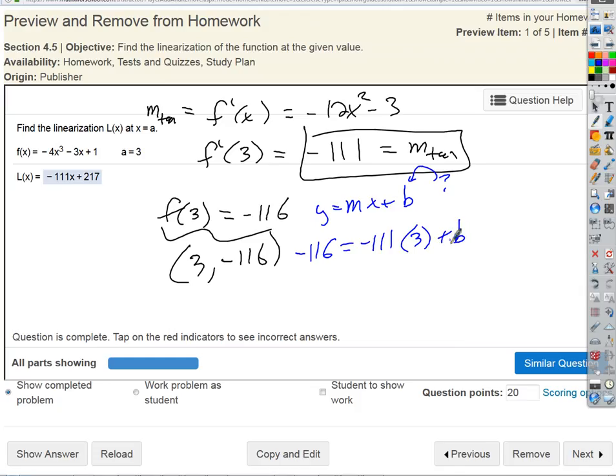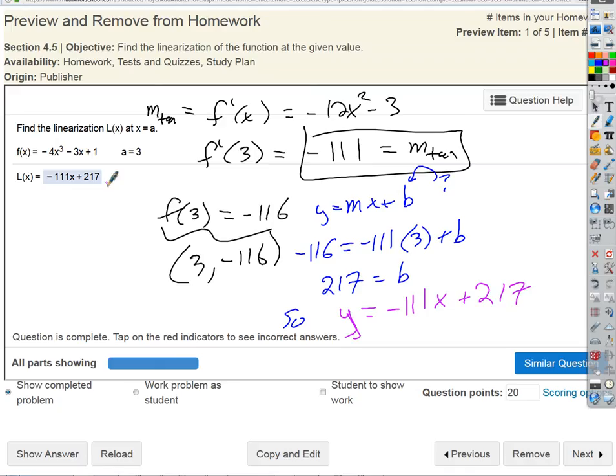Negative 116 equals negative 333 plus b. If I add 333 to both sides, I get 217. So y equals negative 111x plus 217. That's my answer.